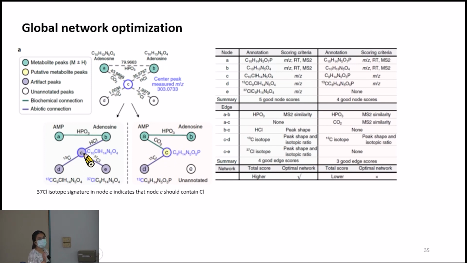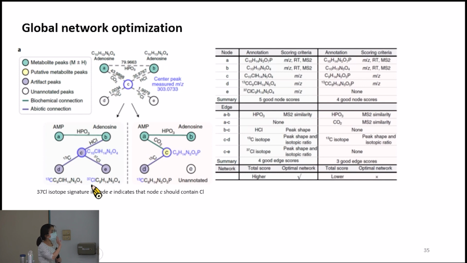Okay. And finally, they do the isotope labeling. So after the isotope labeling, they will find out that the node D has an additional carbon labeling here. And the node E has additional chloride isotope labeling here.